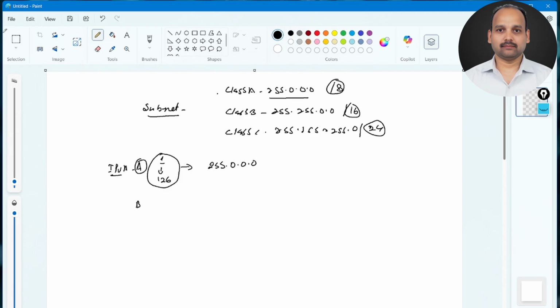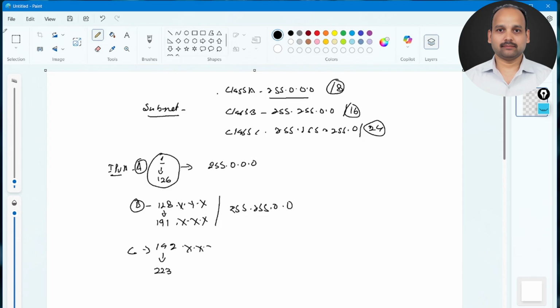If you are going to use class B, we start from 128 and the first octet goes up to 191, so x.x.x.x. By default the subnet is going to use 255.255.0.0. If you use class C, your range will start from 192 to 223, and then x.x.x.